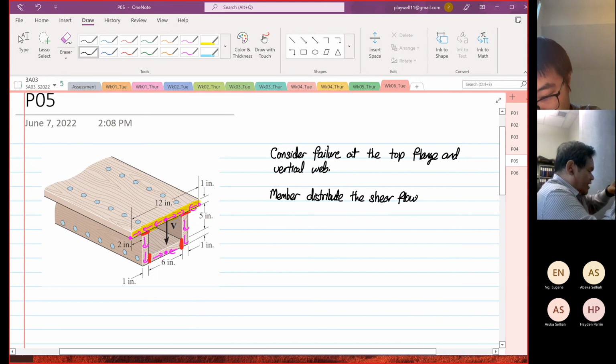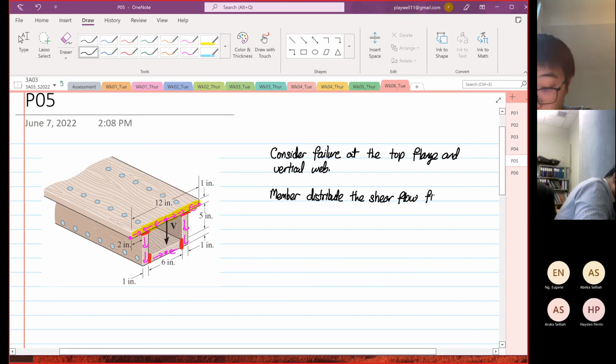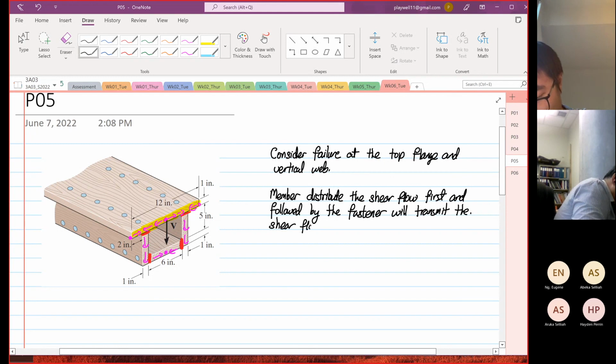So the entire member at the top will distribute the shear flow first. Then the fastener will transmit the load. So the member will distribute the shear flow first, followed by the fastener, which will transmit the shear flow to the web.